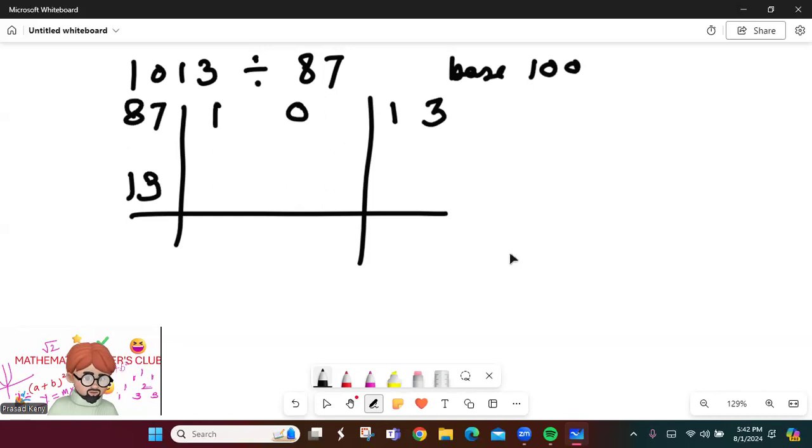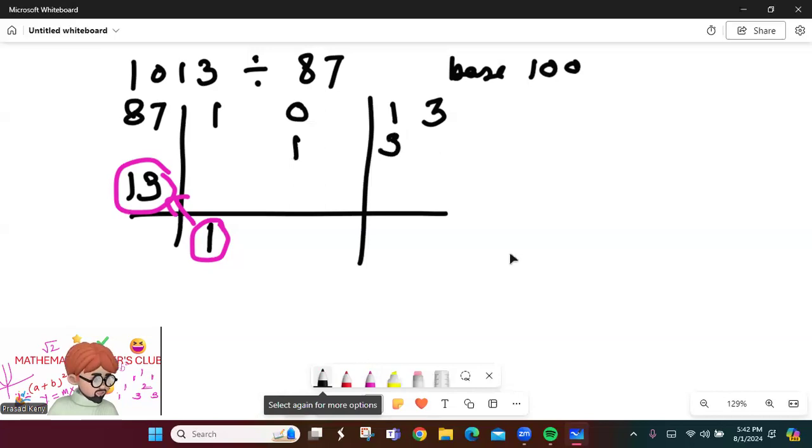So now, I am getting the first digit down here and I will multiply this quotient figure with the complement. Now, 1 into 13 is 13. So 1 I will write here and 3 here. And that will give me the second figure of the quotient. 0 plus 1 is 1. Now again, multiply 1 by 13.